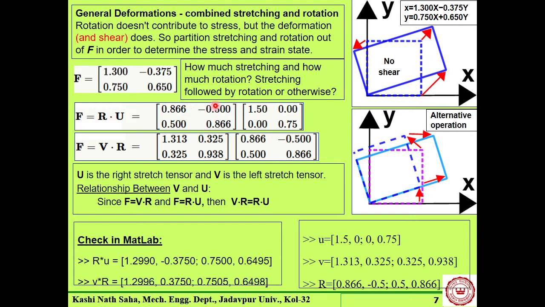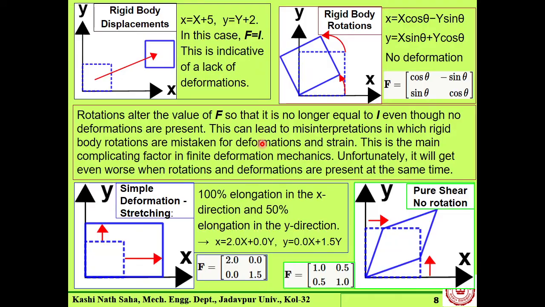Say this much is our rotation matrix, and that is post multiplied by another matrix U, and here this is pre multiplied by another matrix V. So if we use this particular rotation matrix, now is it clear that this is a rotation only?